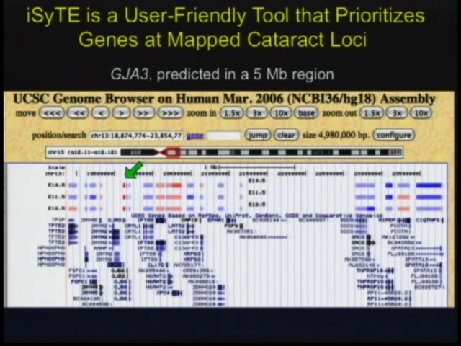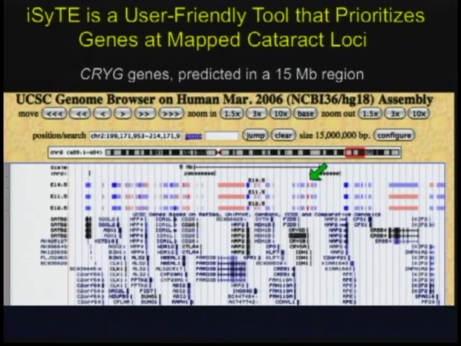So if you were a human geneticist working on cataracts, all one has to do is go online on the UCSC browser, turn on our iSyTE tracks, and put in your interval region, and you could see whether a particular gene was popping up as the brightest red gene, which is the gene, or set of genes, that you would prioritize to find the mutation.